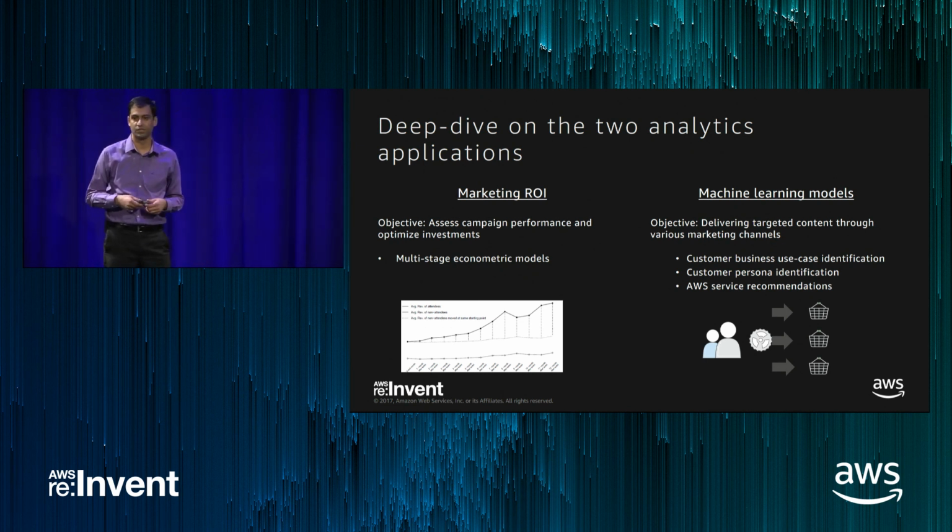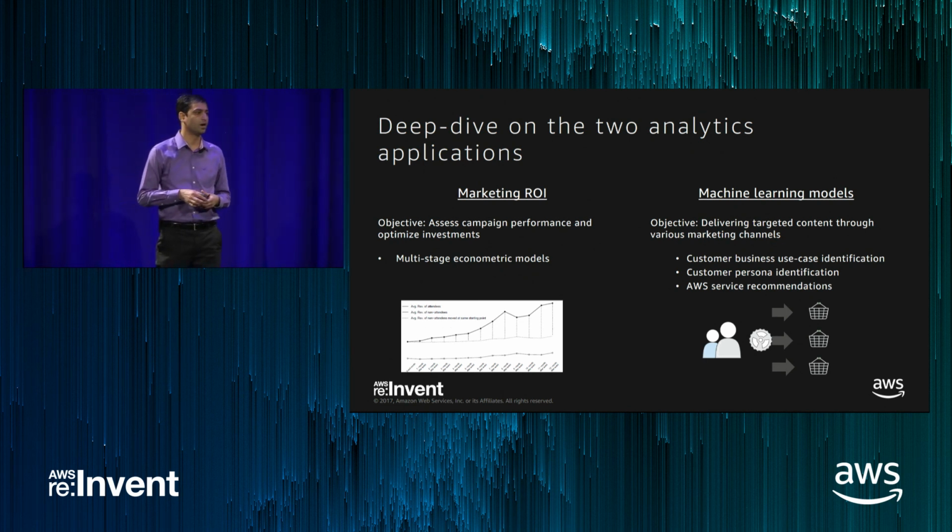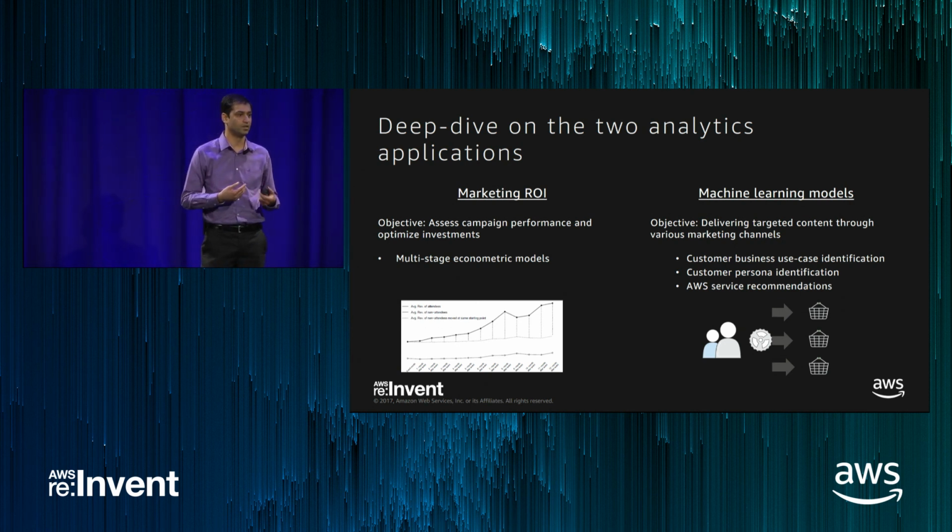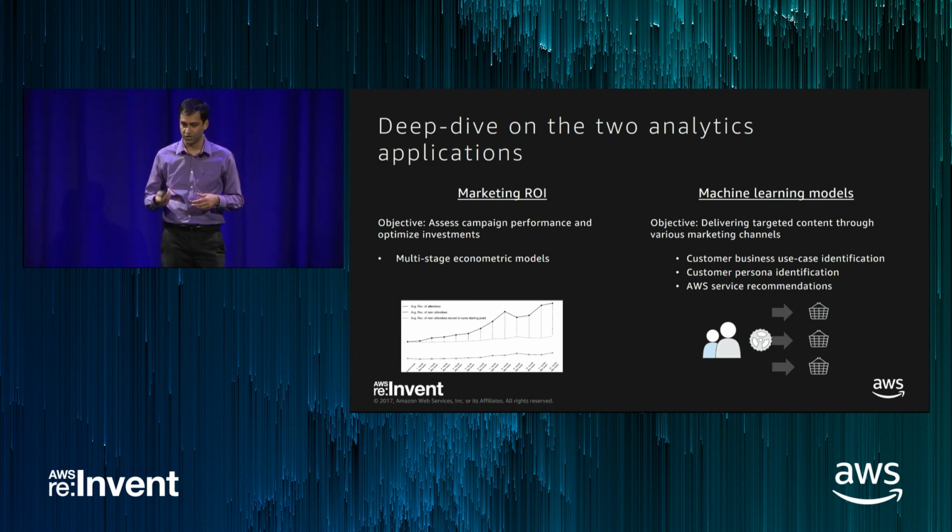And why do we need that? It means we want to make sure that marketing end users can measure the performance and then optimize their investments. And we want to make sure that we are running the right campaigns that our prospects and customers find useful and educational, to be able to adopt AWS.